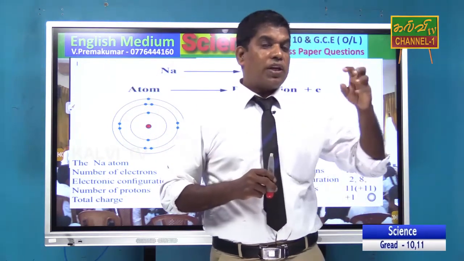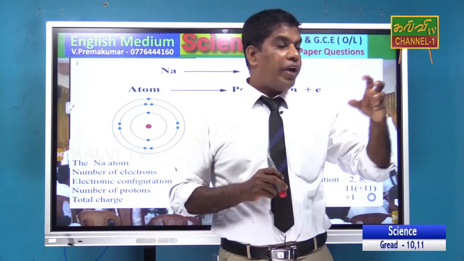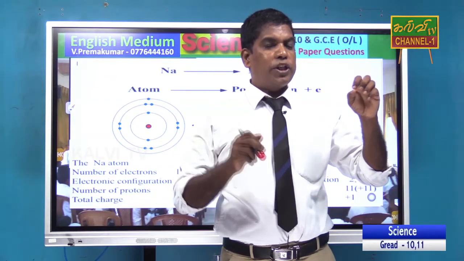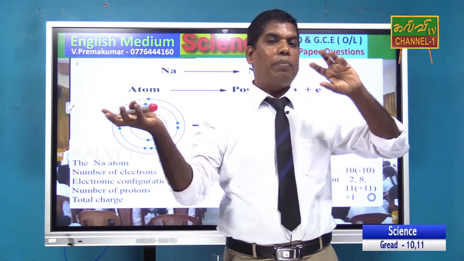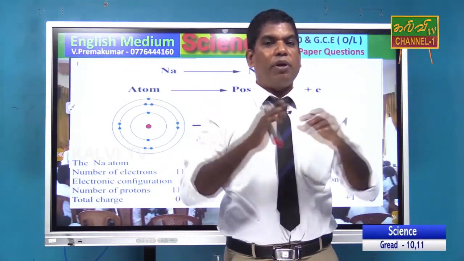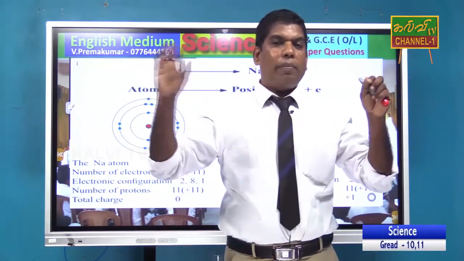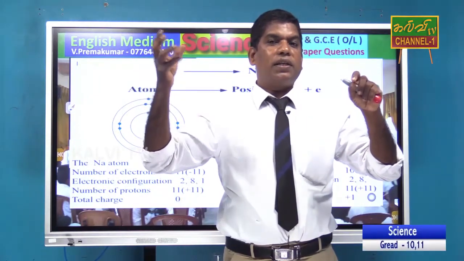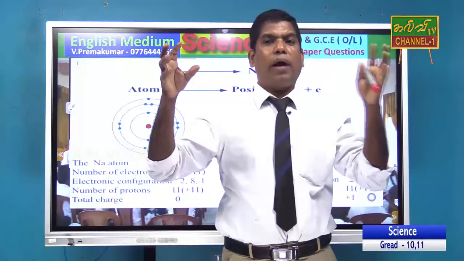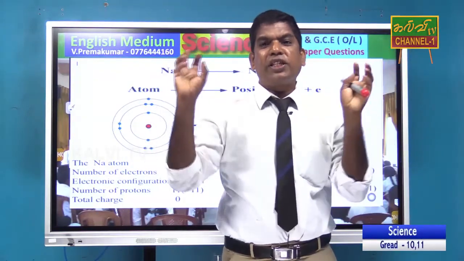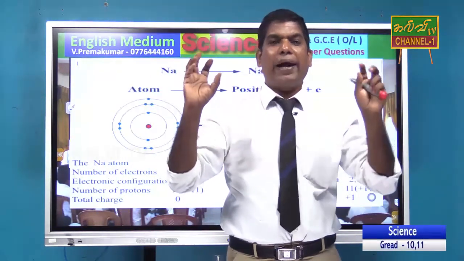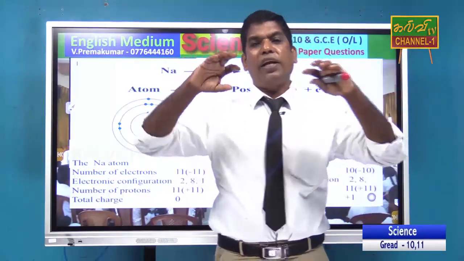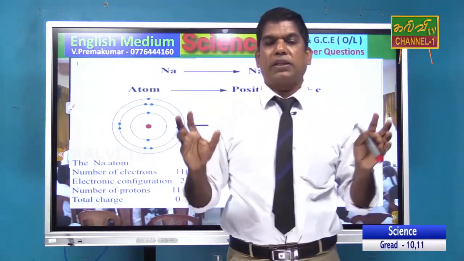But in sodium chloride we find sodium ions. Students must know the differences between a sodium atom and an ion, because when a sodium atom loses one electron, it changes into a sodium ion. Definitely the features of a sodium atom and a sodium ion are different.